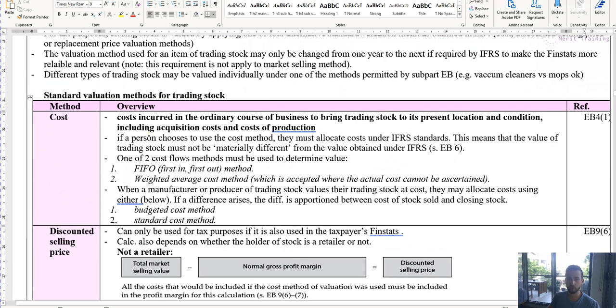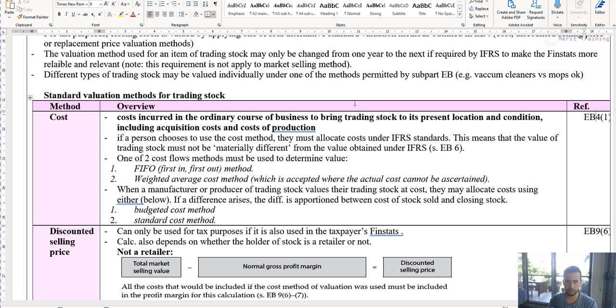So this is basically the cost incurred in the ordinary course of business to bring that trading stock to its present location and condition, including acquisition costs and cost of production. So it's all the costs that you've paid, whether that's how much you paid to the manufacturer for the stock, any shipping costs, any fees to the port authorities when you shipped it over here, or any repair cost to the inventory to bring it up to the current standard.